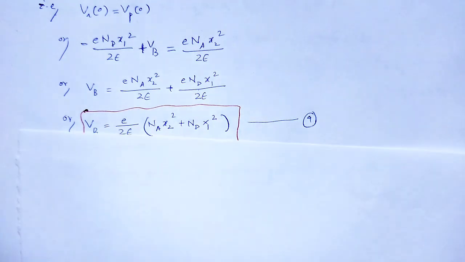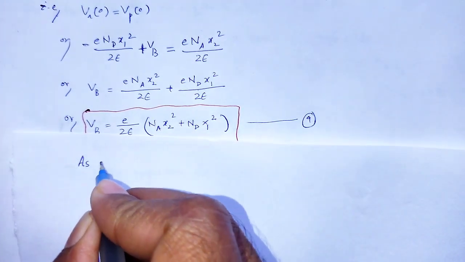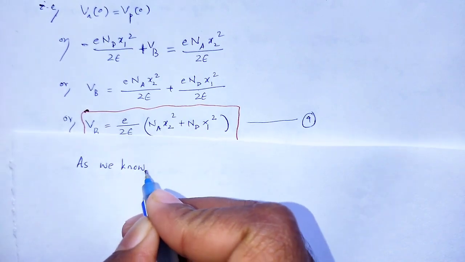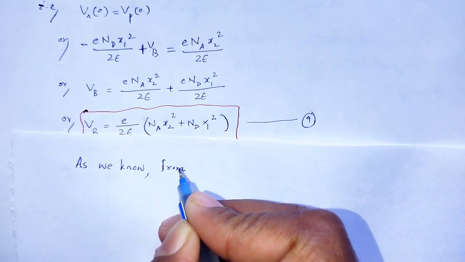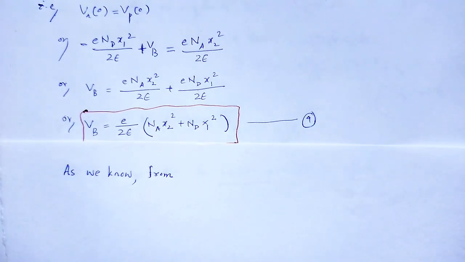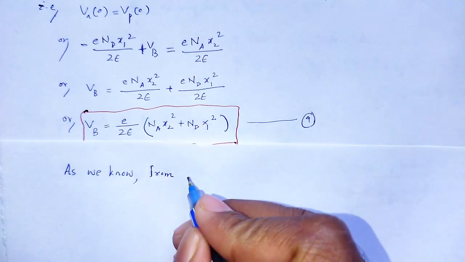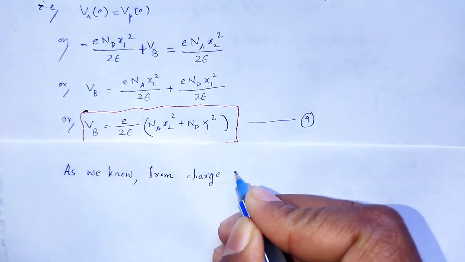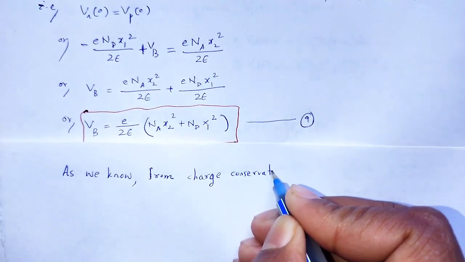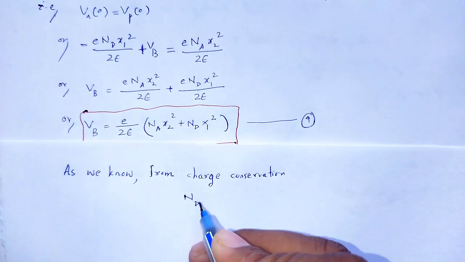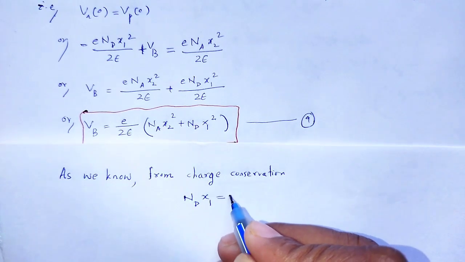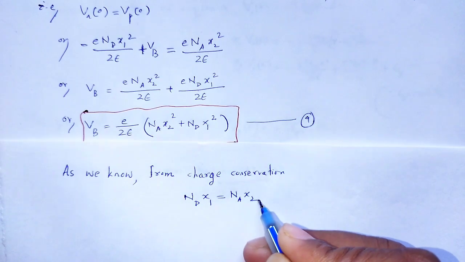As we know from charge conservation, Nd x1 is equal to Na x2.